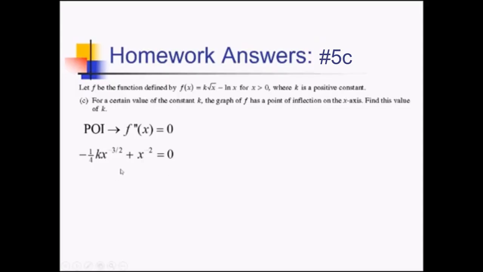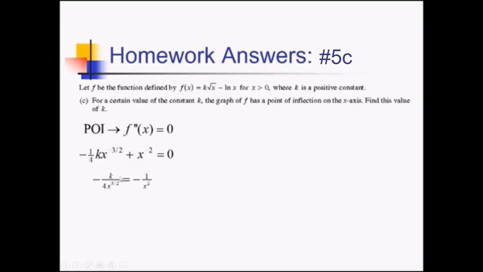All right, so I'm going to rewrite this a little bit without these negative exponents. This is going to make it easier to isolate some things. Ultimately, I want to know what k is, so let me try to get k by itself and see what happens. I can rewrite this as negative k over 4x to the 3/2, and then this one I can rewrite as 1 over x squared. And I'm just going to subtract that to the other side.